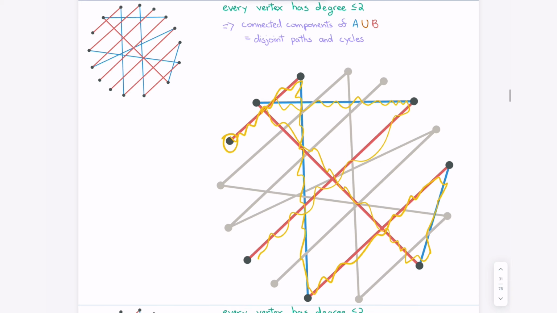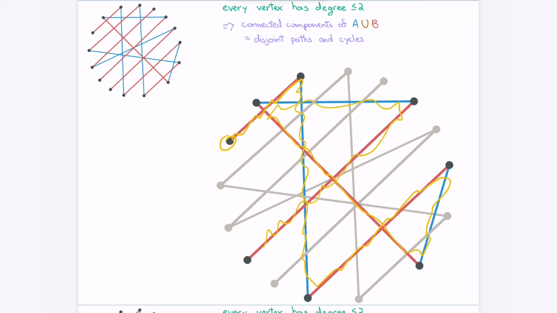So here would be an example of a cycle where I've grayed out the other edges. Oh no, this would be a path, right? So we start here, maybe I can erase this and retrace it. We start here and you follow along: red, blue, red, blue, red, blue, red.